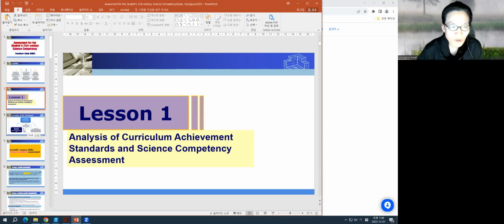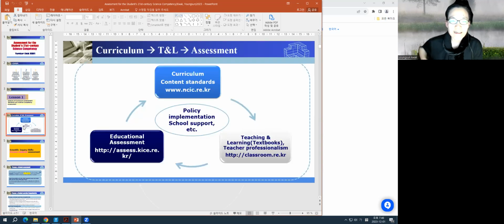This is lesson 1, and anything about education, including science education, begins with the curriculum, also known as content standards. You set up the scope and sequence of science. And then the next step is about teaching and learning. The human resource of teaching and learning is teachers.